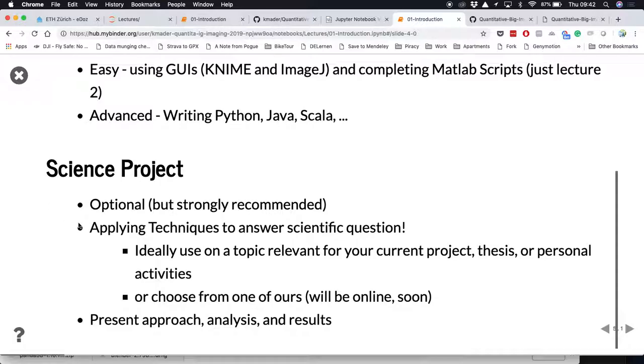But this is basically taking the concepts we've learned in this course and applying them to a problem you care about. Obviously for the PhD students, this is quite a bit easier because you have data you need to analyze anyways. And doing a science project as part of this class gives you a structure for analyzing this data.